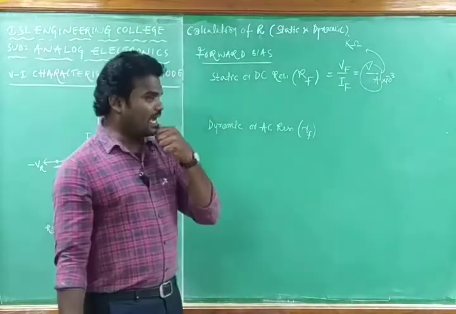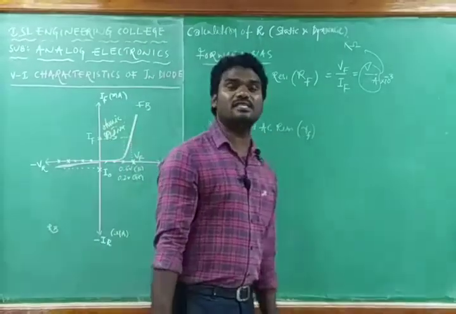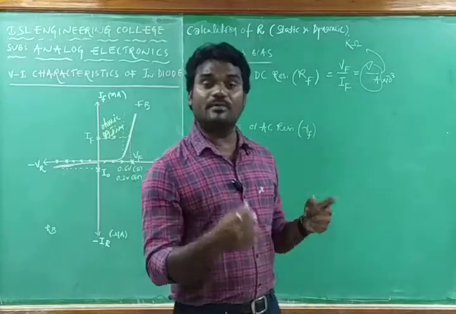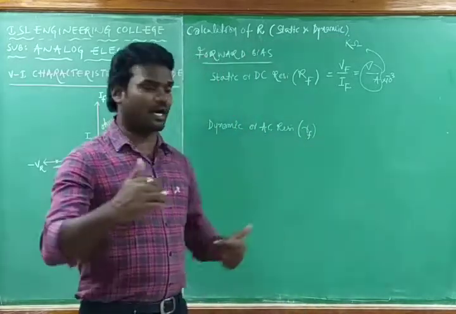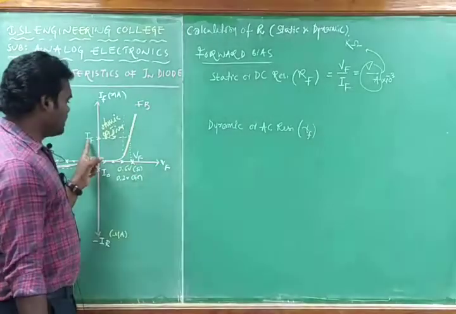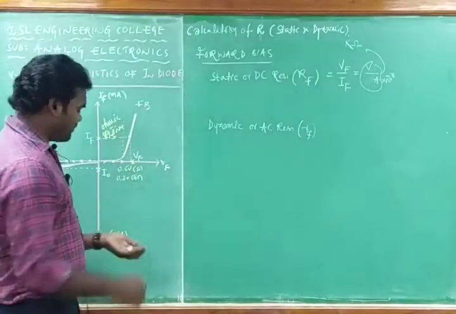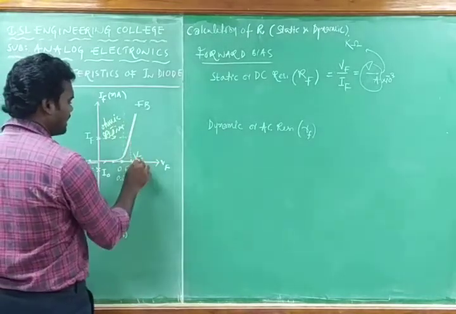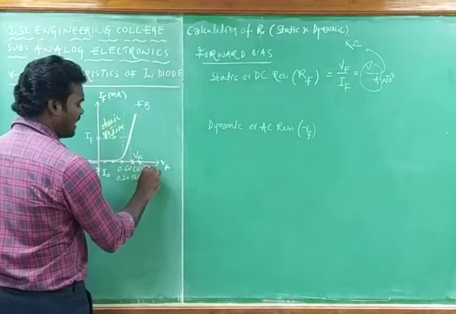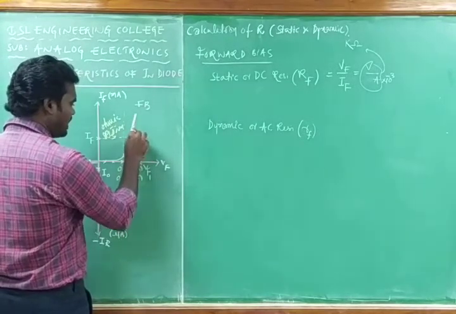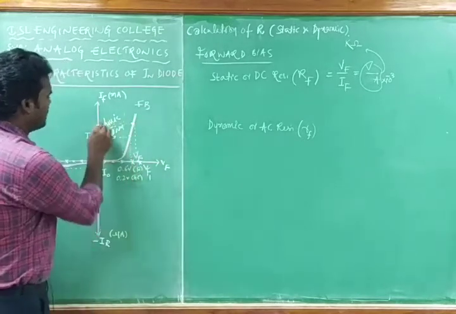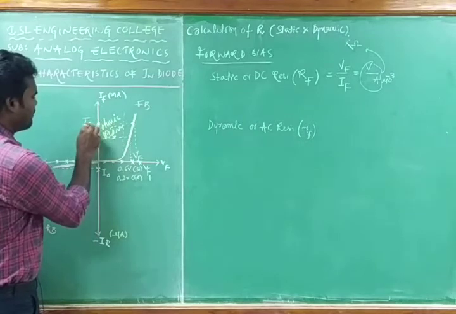And coming to the dynamic resistance. Dynamic resistance is an approximate resistance, and it is defined by two voltages and two currents. This is one voltage and this is one current, and again I am defining one more voltage, which I can call VF1. It defines one more point on the graph, which defines one more current on the y-axis, called IF1.